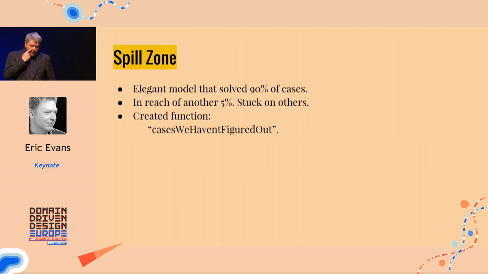we created a function, and we called the function cases we haven't figured out yet. So when one of these requests came in, we could identify which category it was in, and we would either put it through the really elegant model that handled nearly everything. And by that, I don't mean happy path. I mean it could handle all sorts of strange cases, just not all of them.